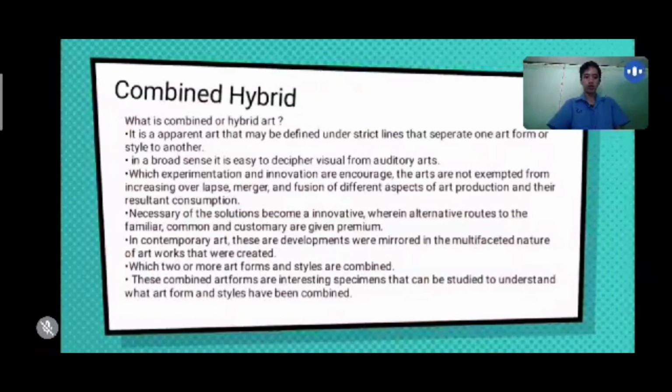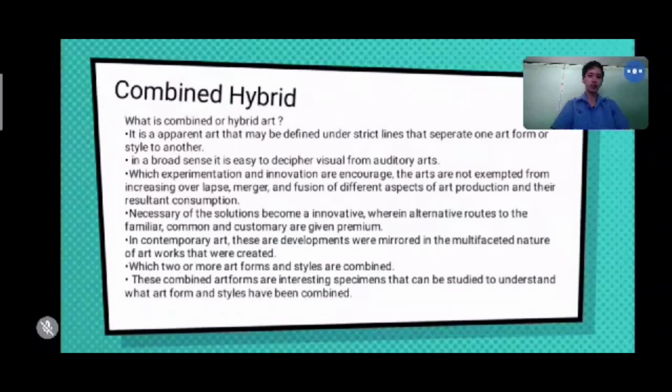It is when two or more independently developed artistic activities are joined in some combined form. In a broad sense, it is easy to describe the visual form of the car, in which experimentation and innovation are encouraged.